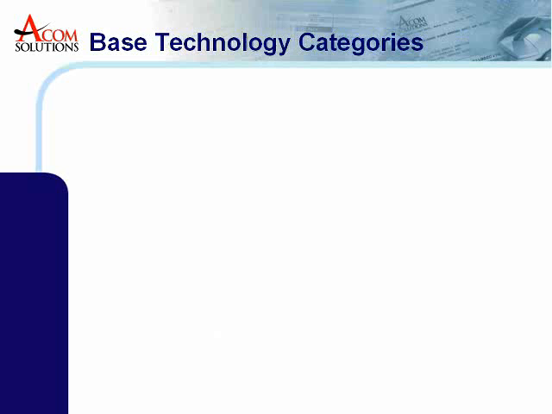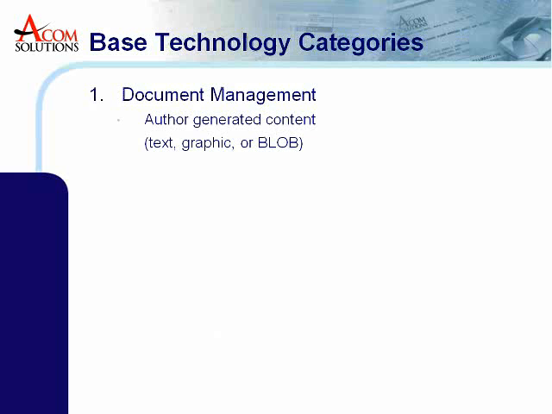So if we take that to the next level, we find there are three fundamental technology categories to support the different content categories. We have document management, and I'm using document management in the historical sense.